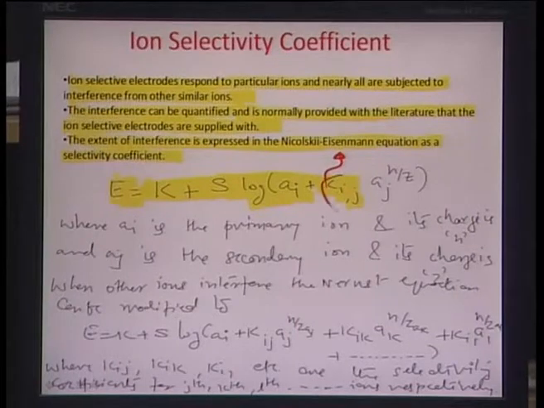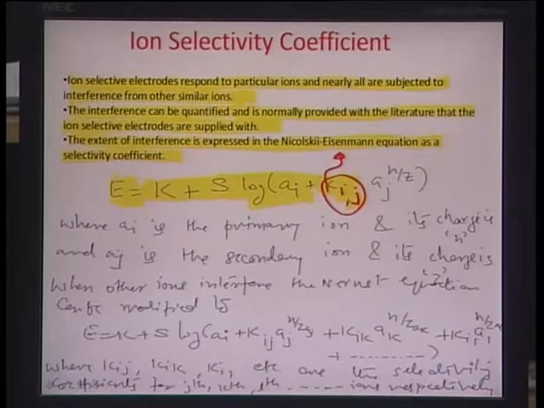I will be showing a table with several such values of Kij, which means the selectivity coefficient for a jth interfering ion for an ith ion, the primary ion of interest. So the i here is the primary ion of interest, and the j here is the interfering ion.